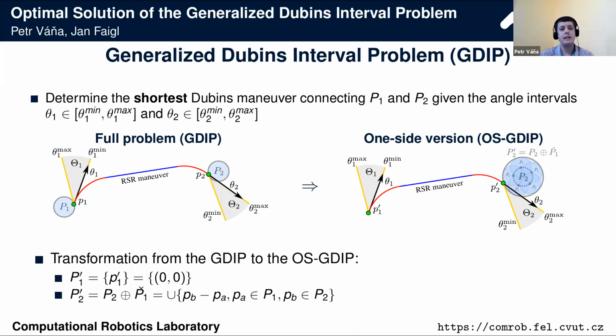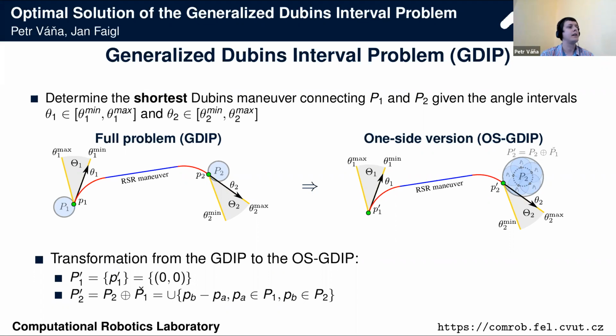And in the paper, we were able to prove that we can convert any kind of region using a Minkowski sum to the one-side version with a generated region. So these two problems are convertible. So once we know the solution for one, we also know the solution for the second one.